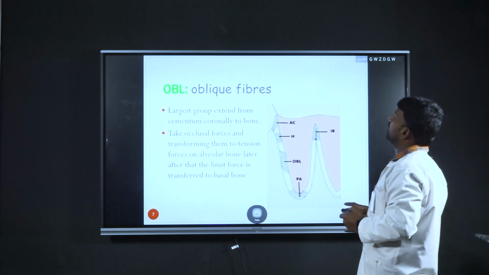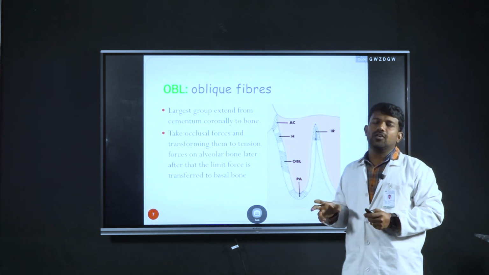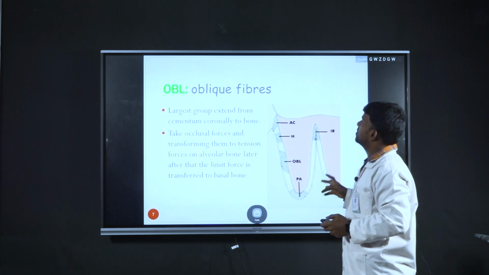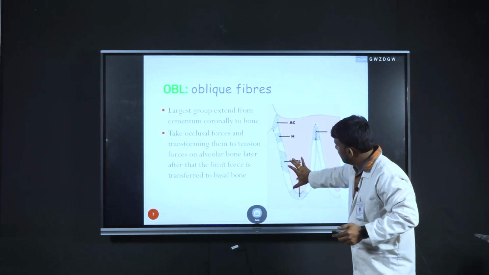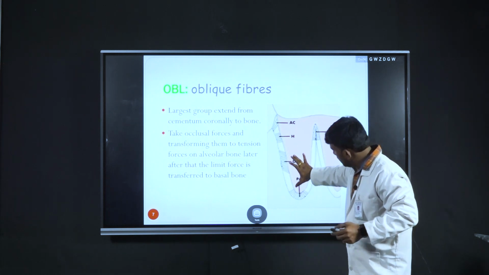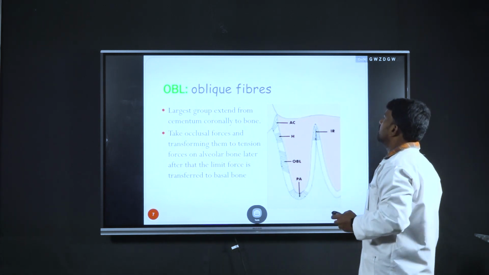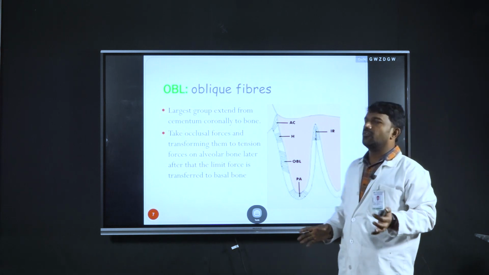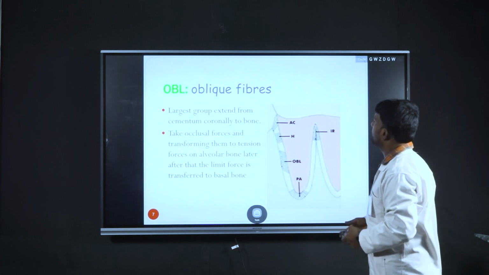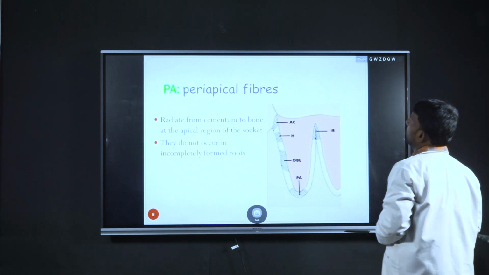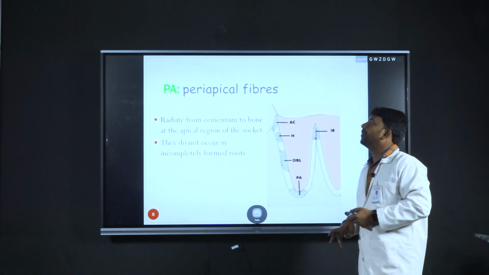These are the perpendicular group, and the third group is oblique fibers, the largest group of fibers, present beneath the horizontal group, extending till the apical portion. These take the occlusal forces and transfer them into the marrow spaces of the alveolar bone or the basal bone. The fourth group is apical fibers.